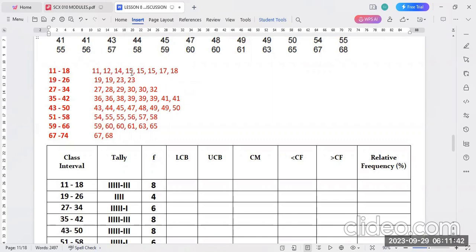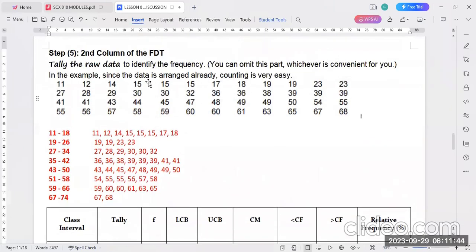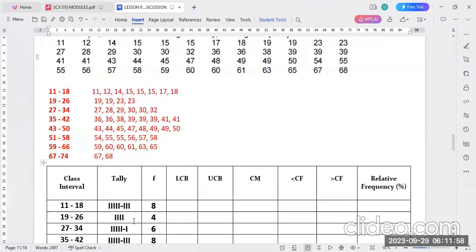And then for 19 to 26, we have 19, 19, 19, 23, 23. The next number is 27. So, hindi na siya kasali doon. Ilan yun? 1, 2, 3, 4. So, 4 na guhit. Then, bilangin yung guhit. Siyempre, 4. So, we have 4 for the frequency of 19 to 26.